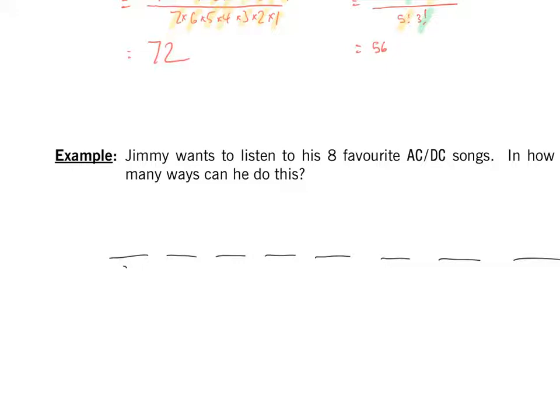In the first spot, there's 8 choices, then 7, then 6, then 5, then 4, then 3, then 2, then 1. So that's equivalent to 8 factorial. And 8 factorial is going to be 40,320.